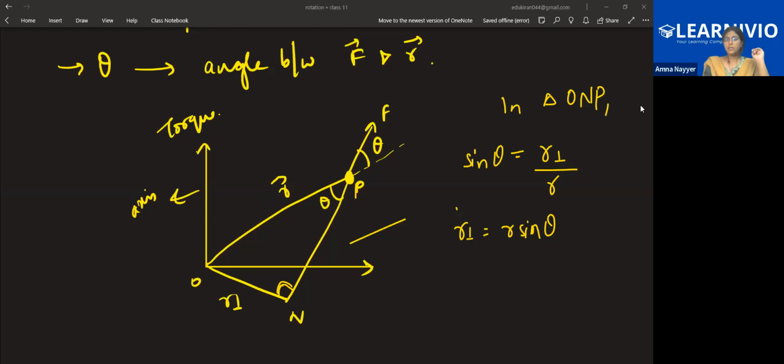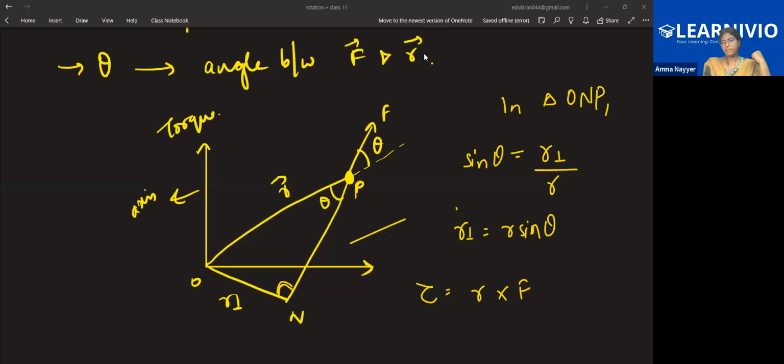So torque is equal to R cross F. That's it. Since it is a cross product, you have to keep in mind which angle will come: sine theta.